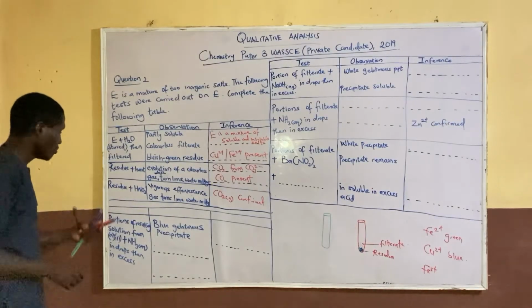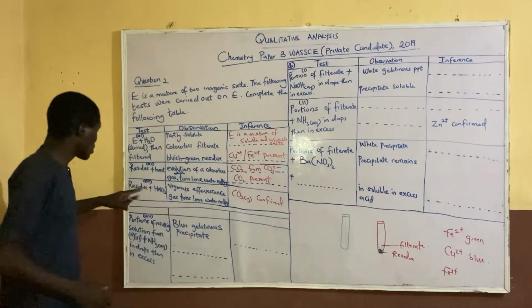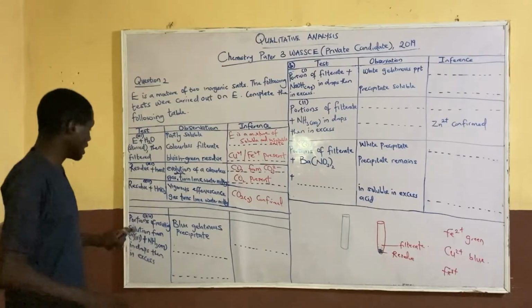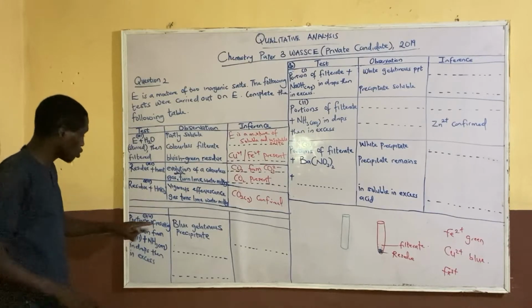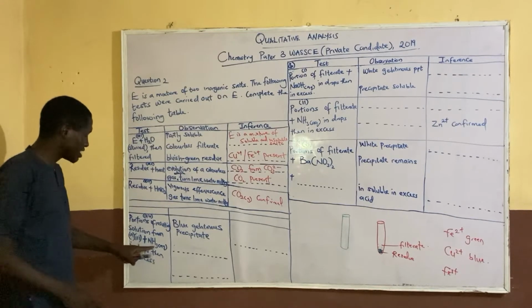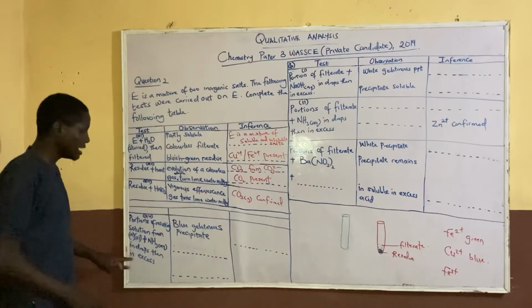Now let's go to the portion of the filtrate we are done with. Roman figure 4 is a portion of the resulting solution from Roman figure 3 plus NH3, aqueous ammonia, in drops and then in excess.